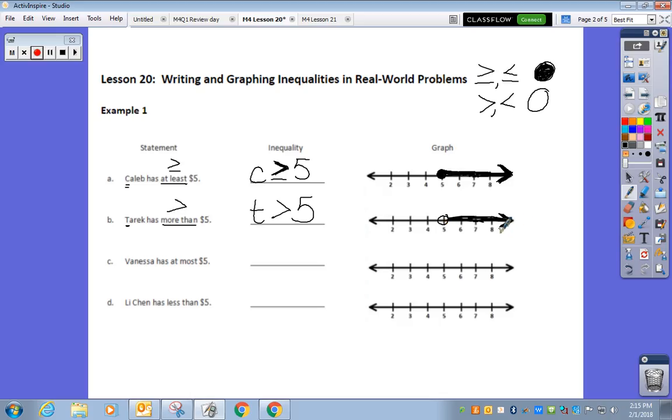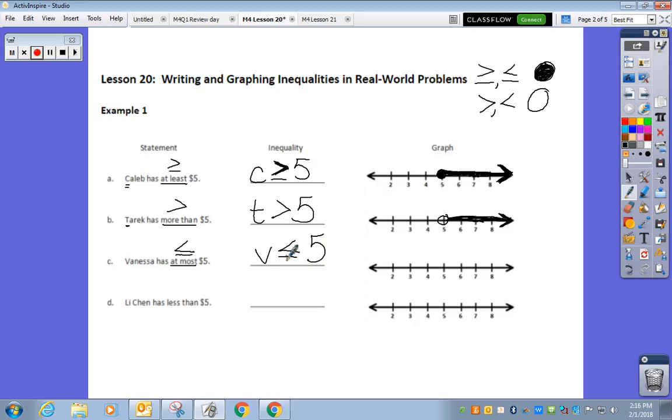Looking at the next one, Vanessa has at most $5. What at most means is that she would have less than or equal to $5. The greatest amount she could have is $5, but she could have any amount less than that. When I write my inequality, I'll write in order: V for Vanessa, at most, less than or equal to 5.